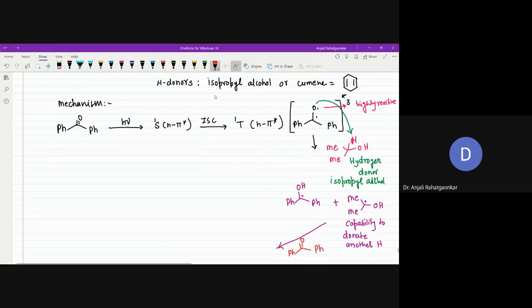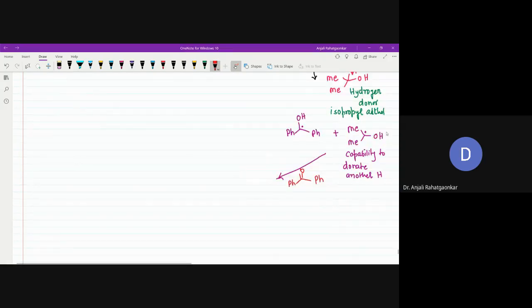Again, the same procedure will take place in a triplet state. It undergoes in a triplet state, and this hydrogen will be abstracted over here. So again it generates, so this will be your first step and this will be your second step.